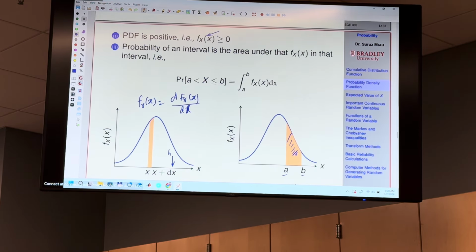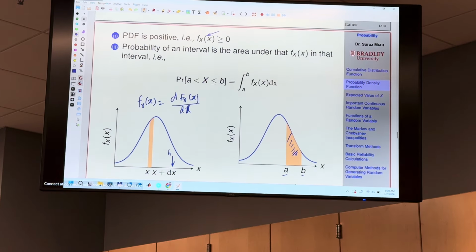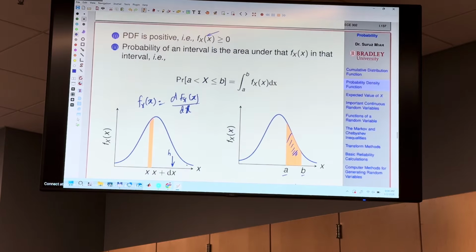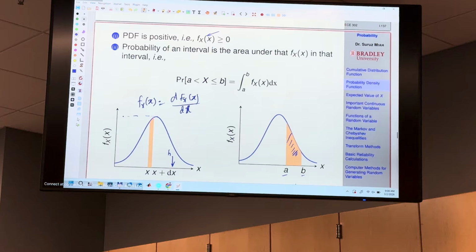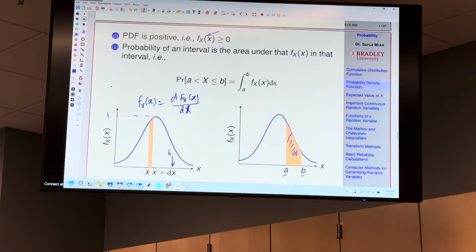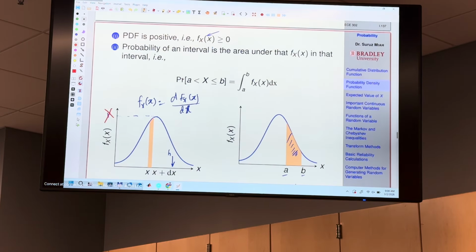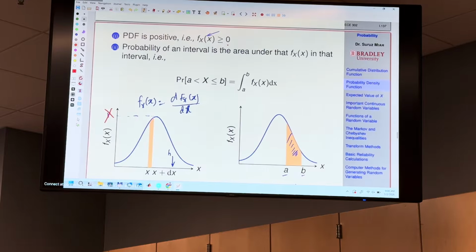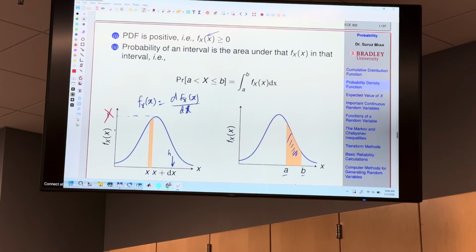Please do not get confused, because that's where most people make mistakes. When they see this bell-shaped curve, they think the peak value is one, but that is not the case. It is not one. It will be some non-zero, positive value, but it is not one.